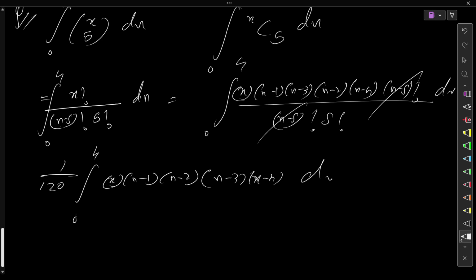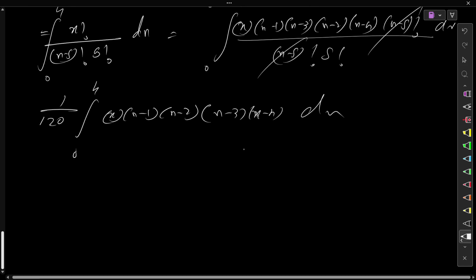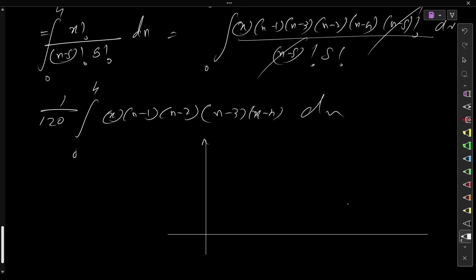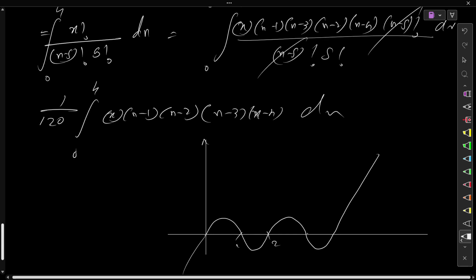Now the cleverness in this question is that this function is actually very much symmetric about the x-axis. Okay, how? Let us see it. Basically, the function is like something like this, with points 1, 2, 3, 4, and the limit is running from 0 to 4.